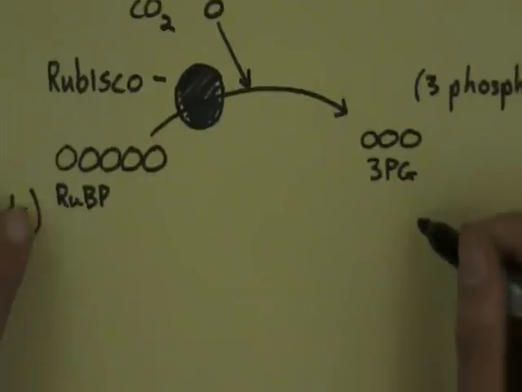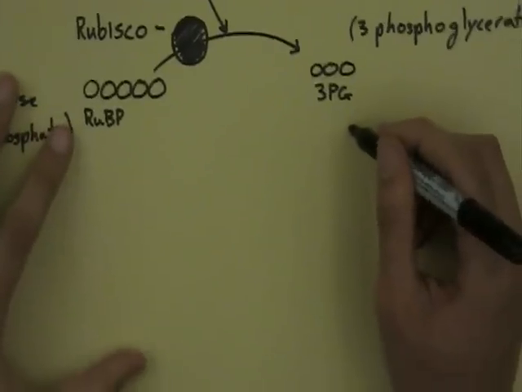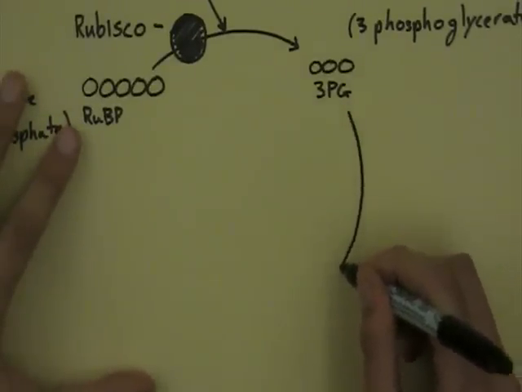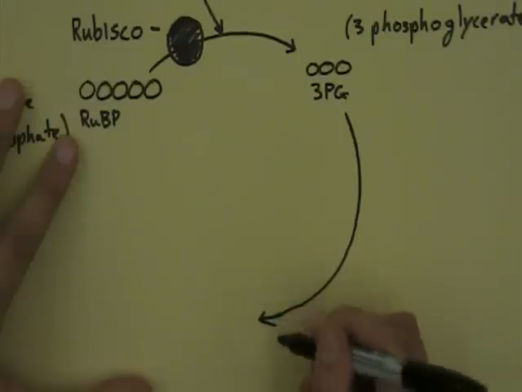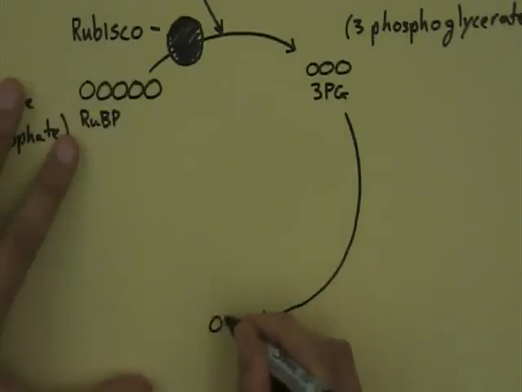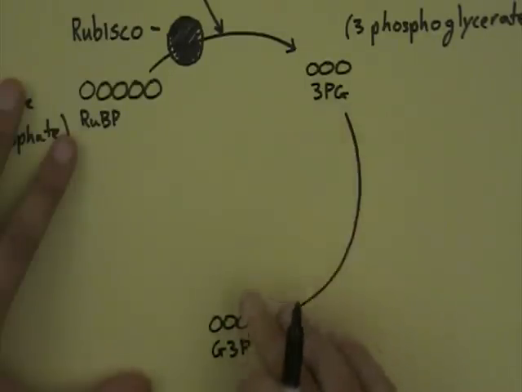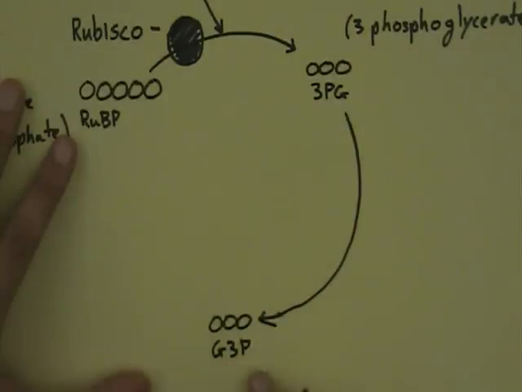Then what we have is a series of reactions. I'll just zoom out a little so you can see this. 3PG is converted, let's move that down, into another molecule, which is also a 3-carbon molecule, but please note that these are different molecules from one another, called G3P. It gets very confusing, okay? 3PG, 3-phosphoglycerate, and G3P.